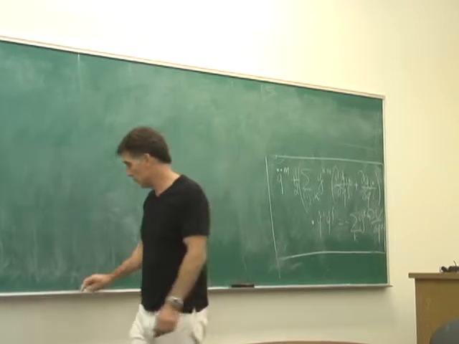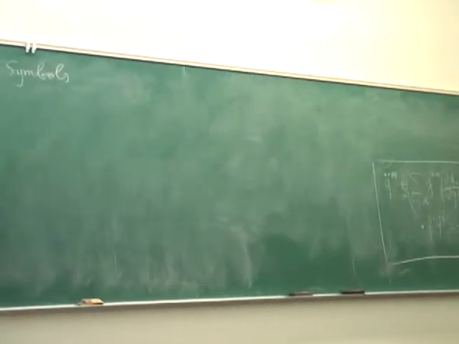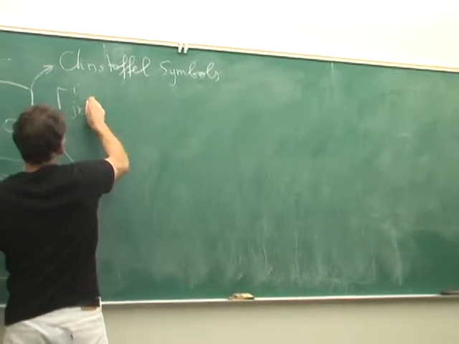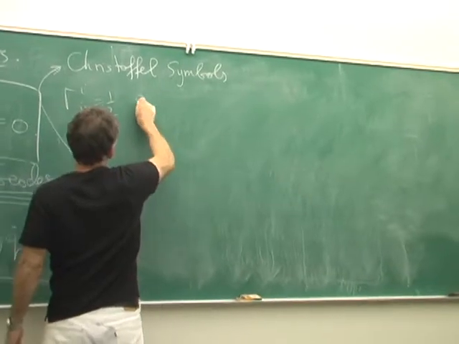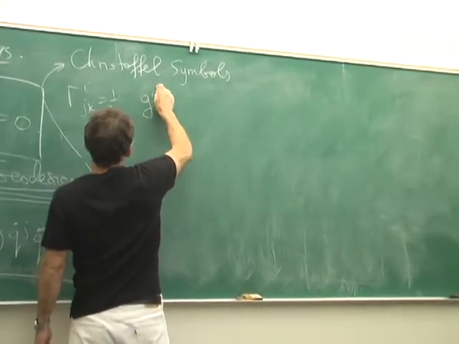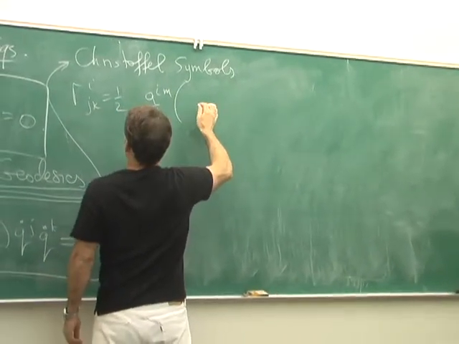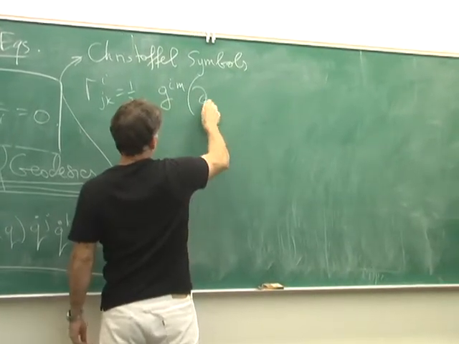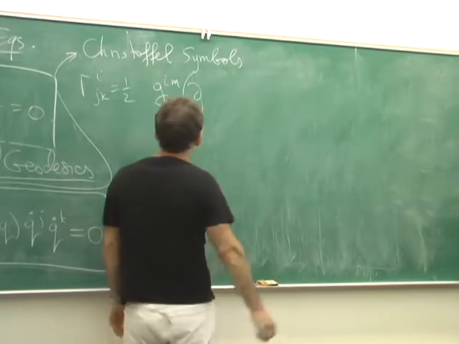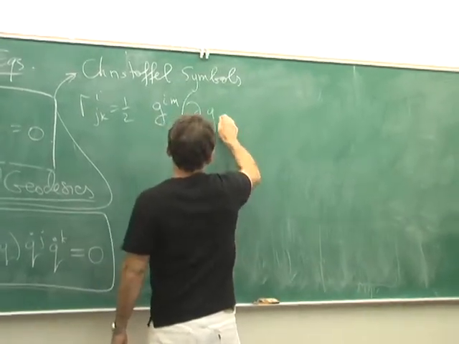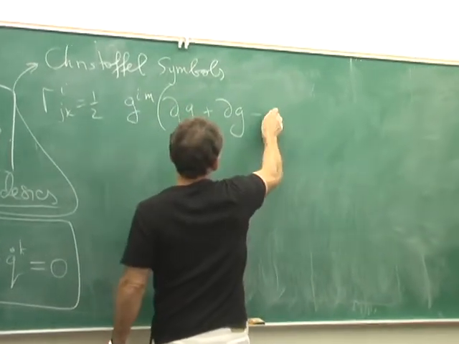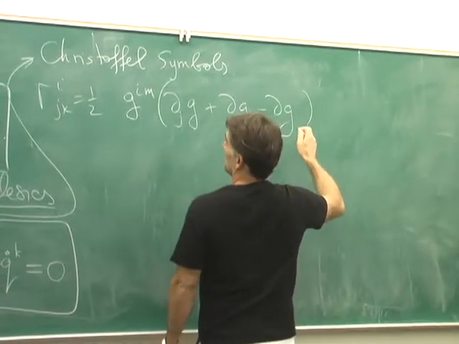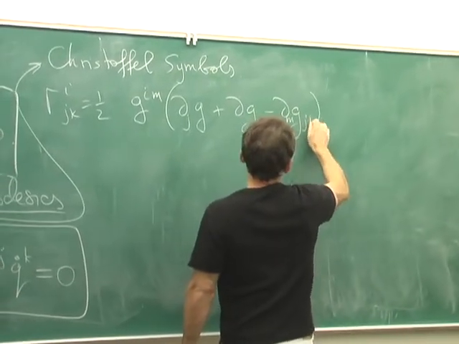Well, I can write what it is. It's 1/2 g^im, and this d means the derivative, d_j g_mk plus d_k g_mj minus d_m g_jk.